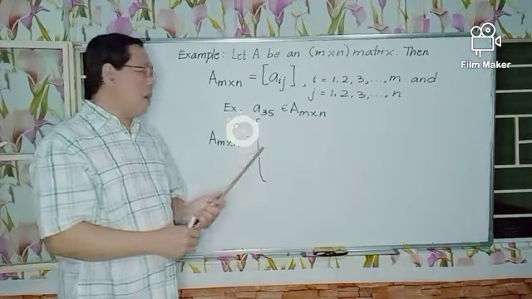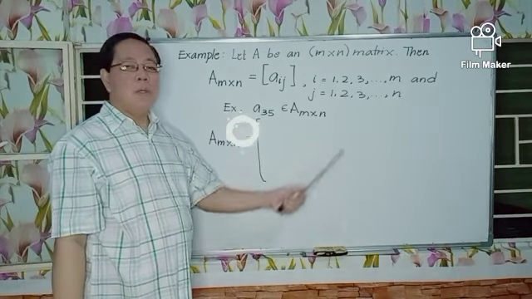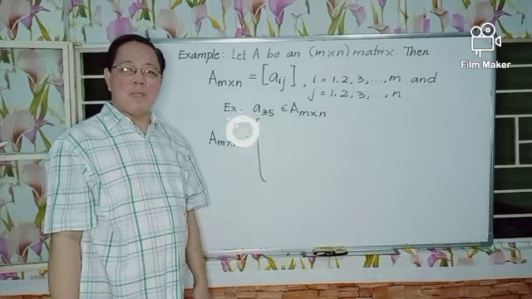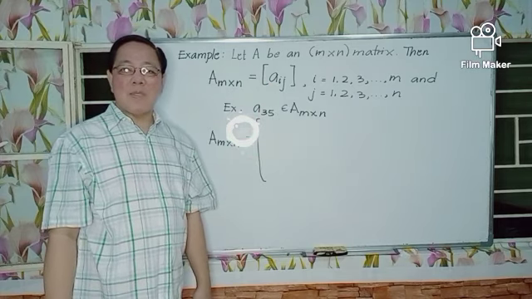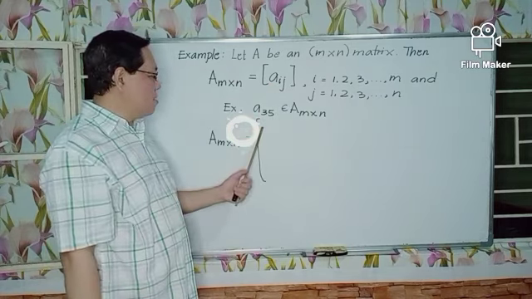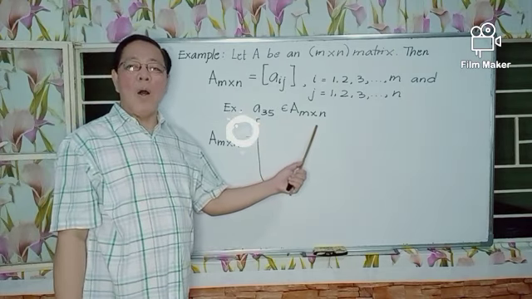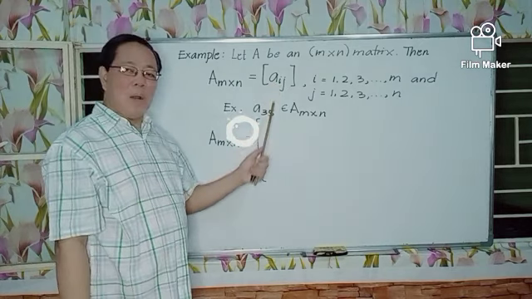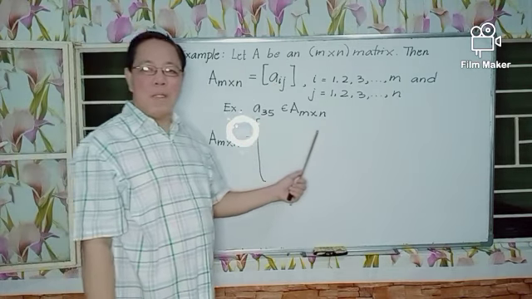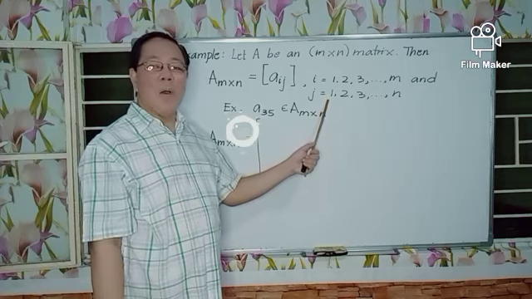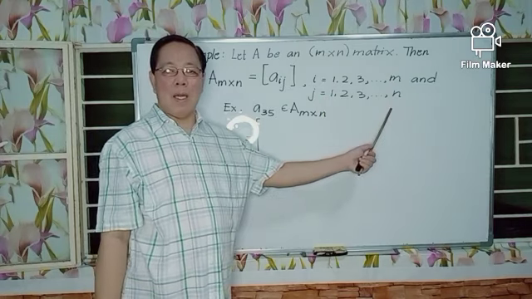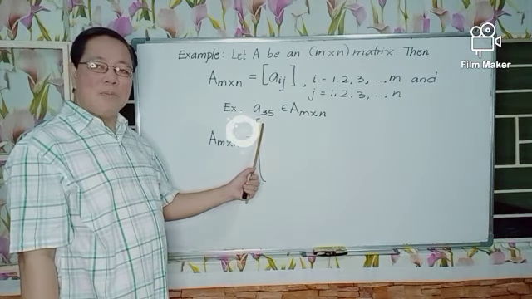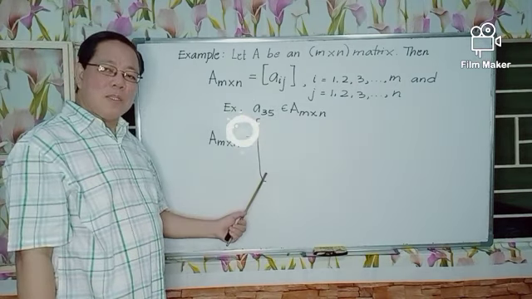The entries of the first row would be denoted by A and with the same subscript 1, because the entries in row 1 all belong to row 1. But the second subscript of the entries in row 1 will vary from 1 to n, because the entry here belongs to row 1 and first column.